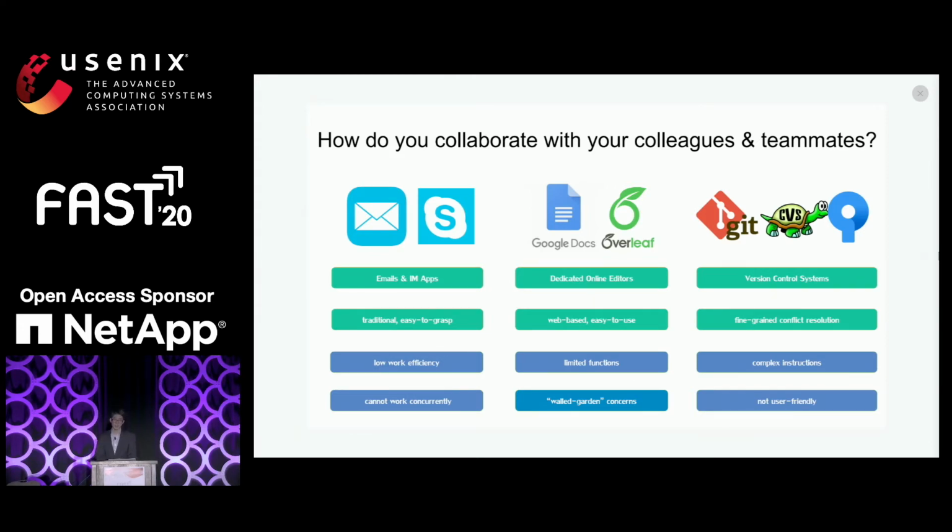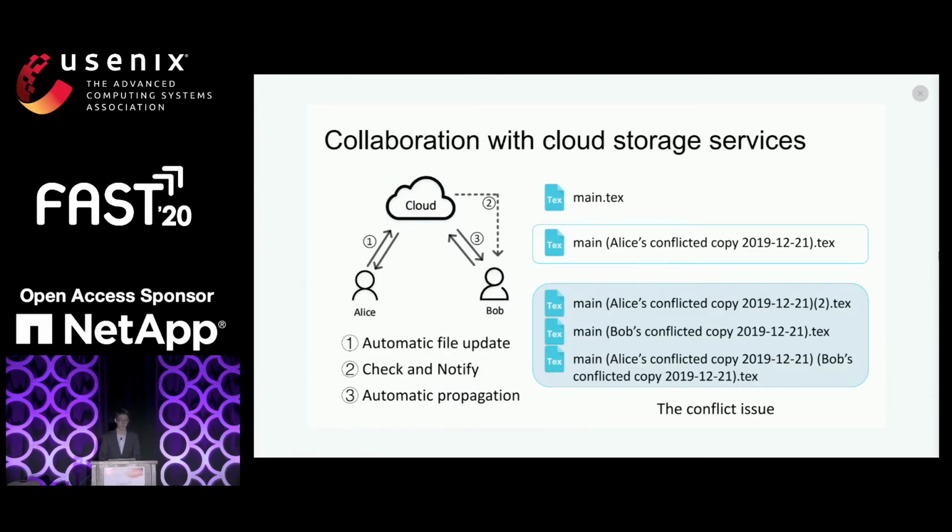Version control systems are difficult to use and not user-friendly. But as an alternative approach, you can use cloud storage systems to do online collaboration, because cloud storage systems have evolved their functionality from uploading a single file to online collaboration.